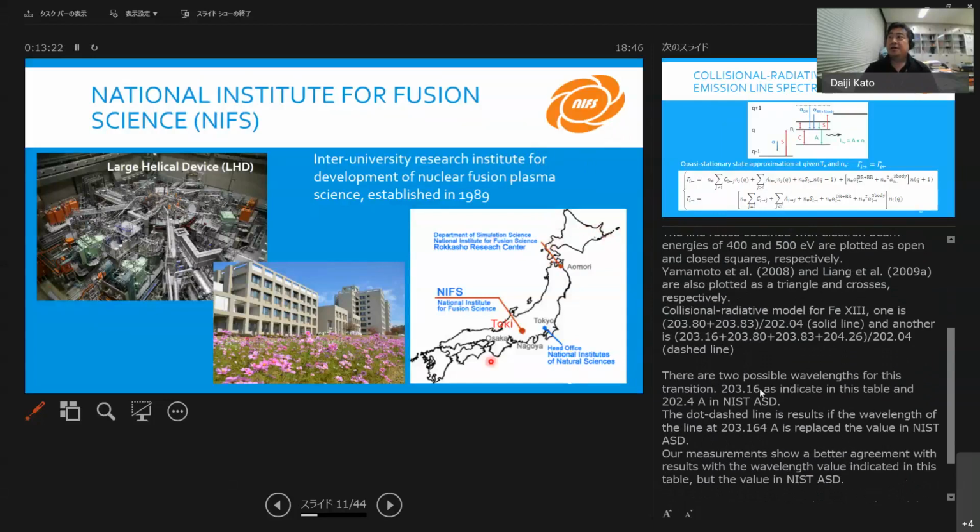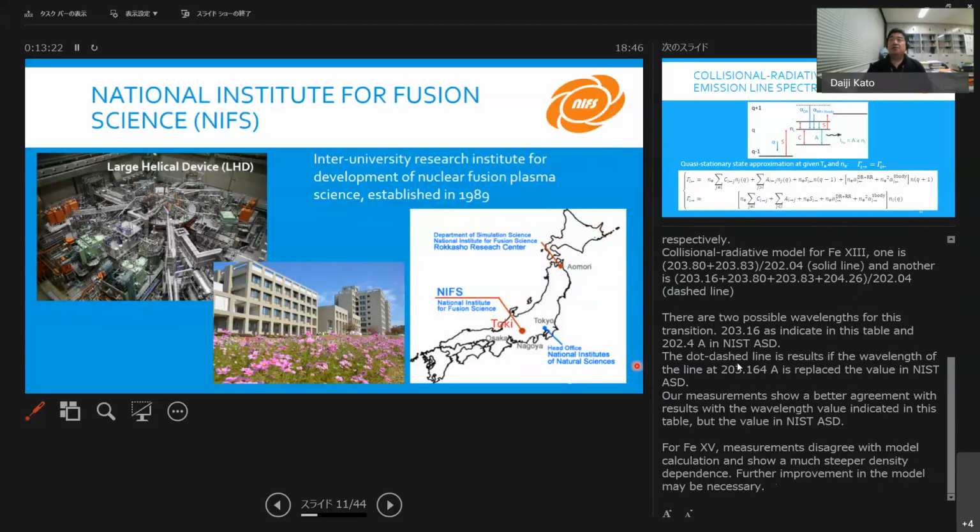We obtained reasonably good agreement between the measurements and collisional radiative calculations. However, for Fe 15, the measurements disagree with the model calculation and show a much steeper density dependence. So further improvements in the model may be necessary.